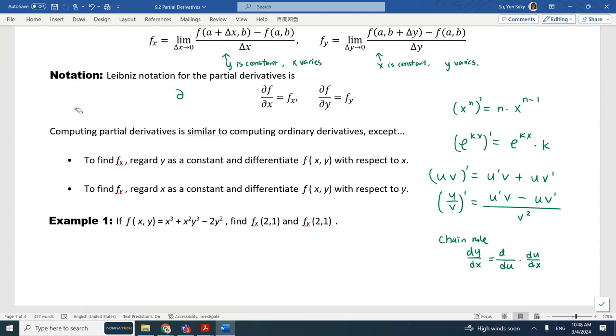That's the chain rule. That's what we learned before.